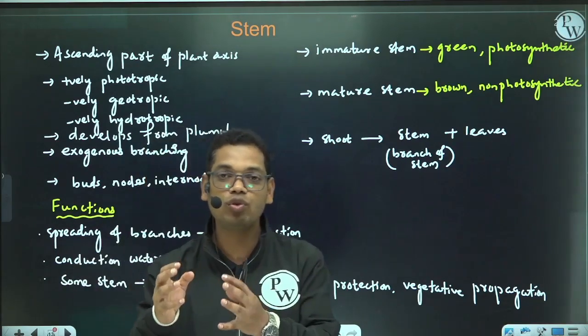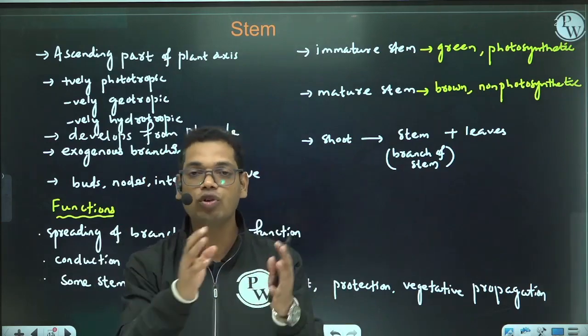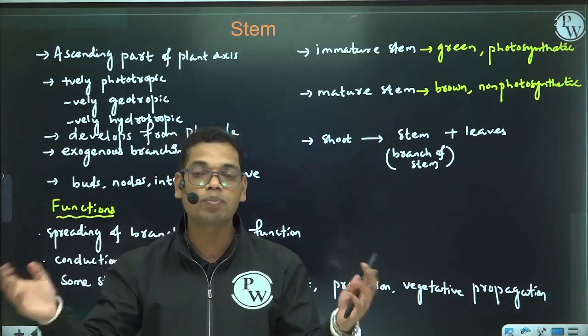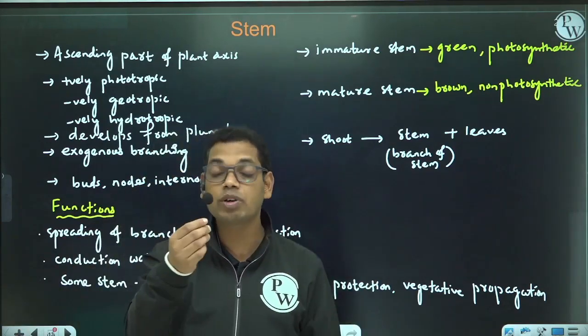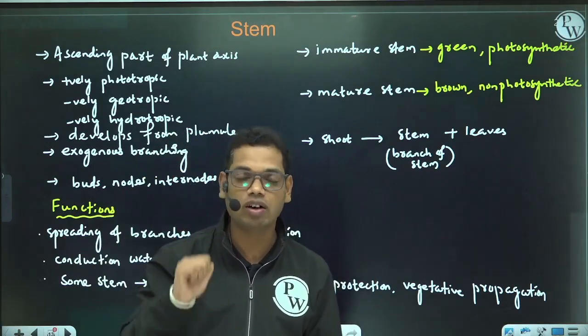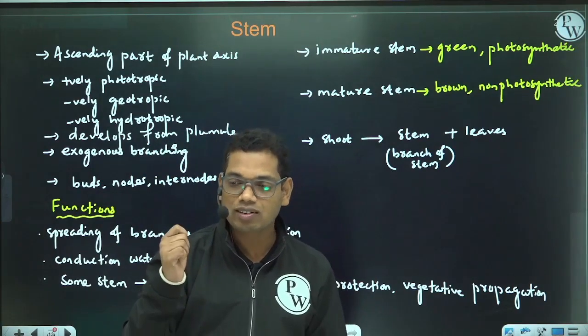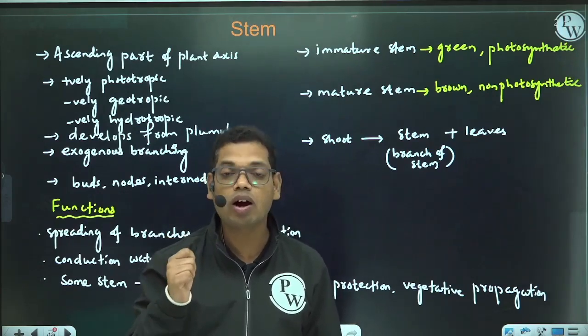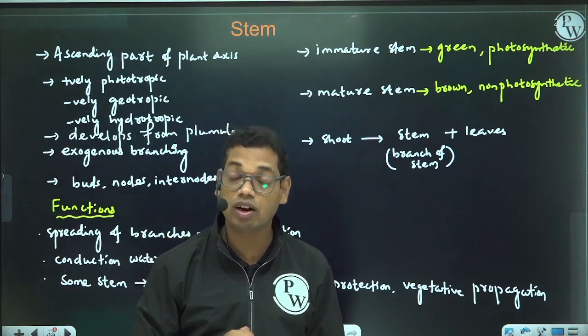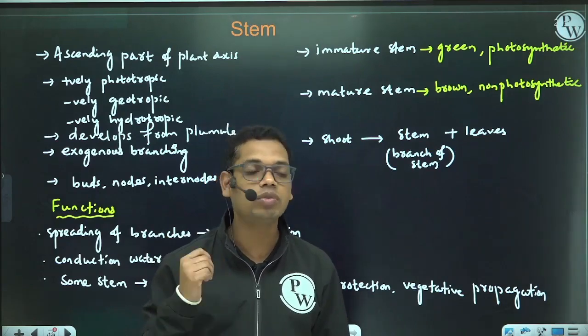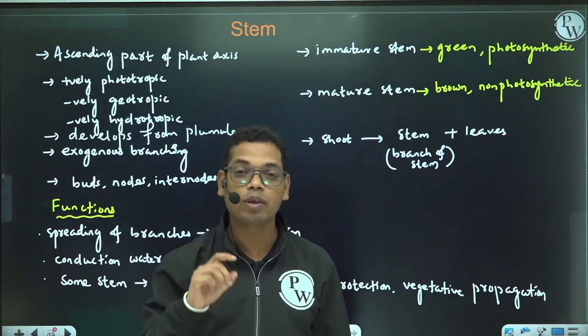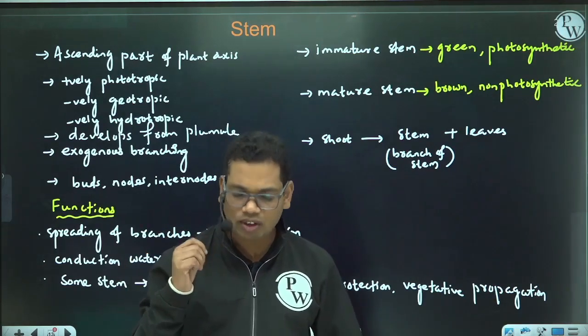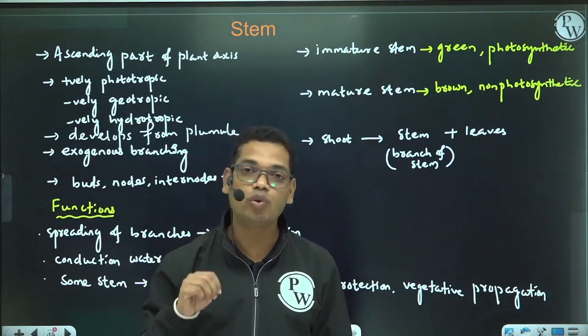So suppose I give you one structure which is underground. If I ask you, tell me whether this structure is stem or root, how can you differentiate? How can you confirm that this is stem or this is root? For that, you have to look at the nodes and internodes.